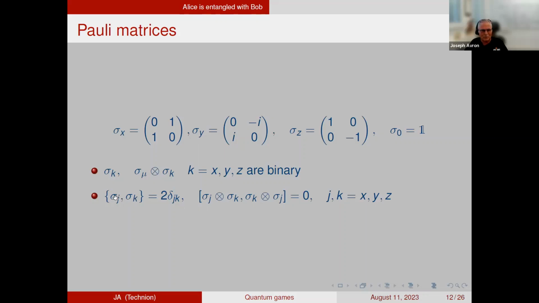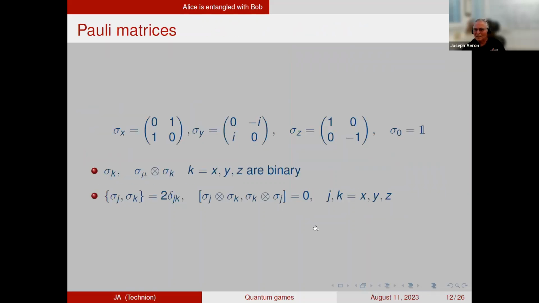The anti-commutator of 2 Pauli matrices is 2 delta JK, but the commutator of the product of 2 Pauli matrices is 0. This is because J and K anti-commute, and K and J anti-commute, and therefore the product of this form commutes. So this was just a reminder about Pauli matrices. I hope this was not too bad for you.